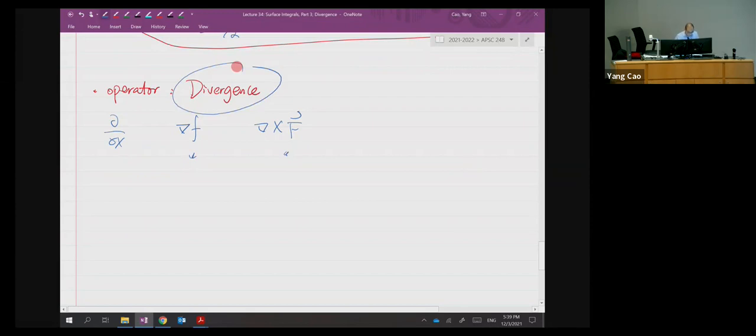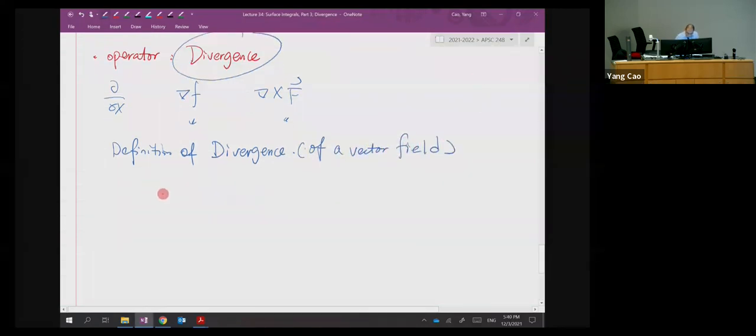Let's start with the definition of divergence. Divergence also operates on a vector field. So actually, divergence of a vector field. Here's the definition.